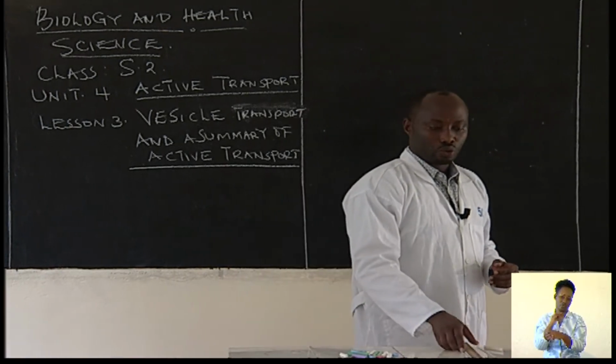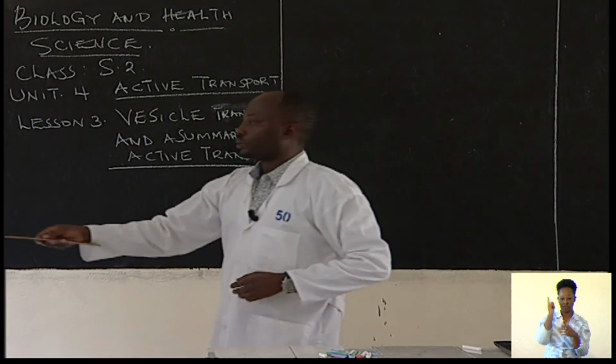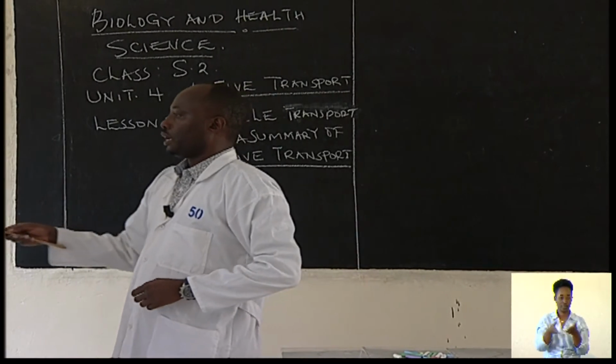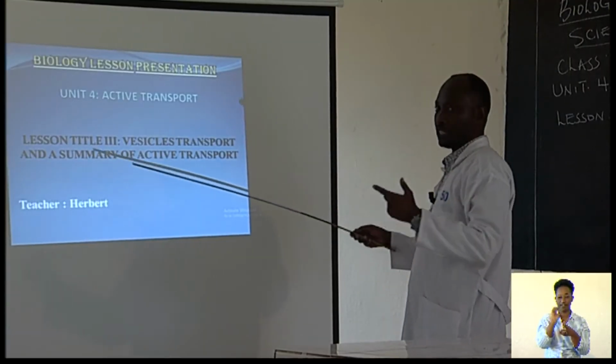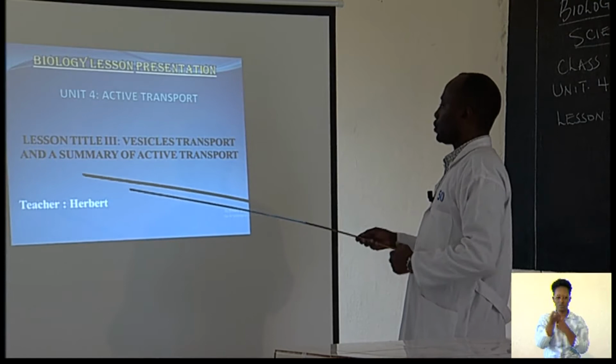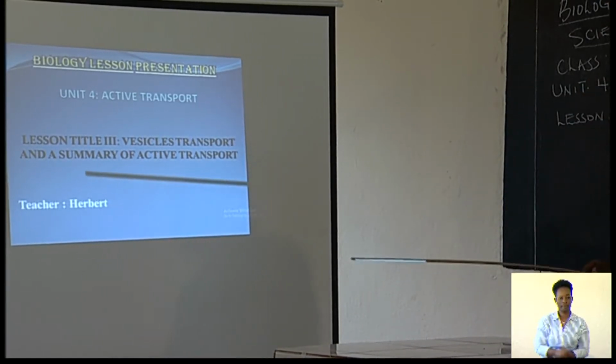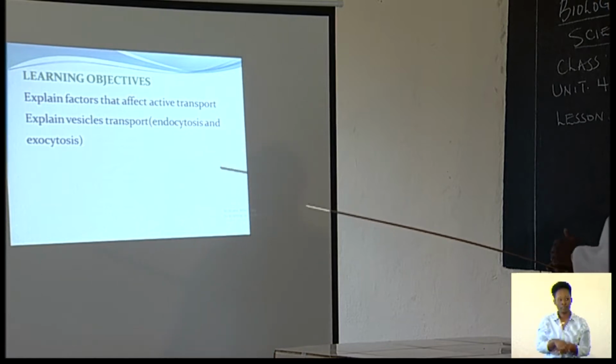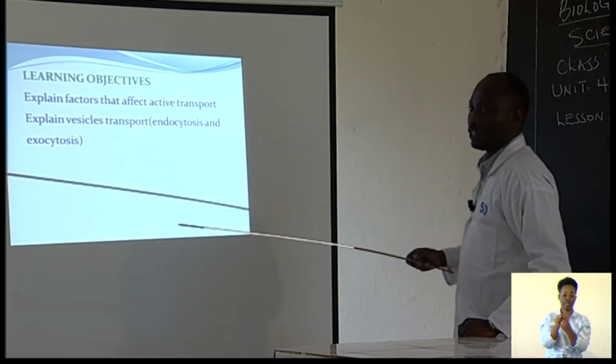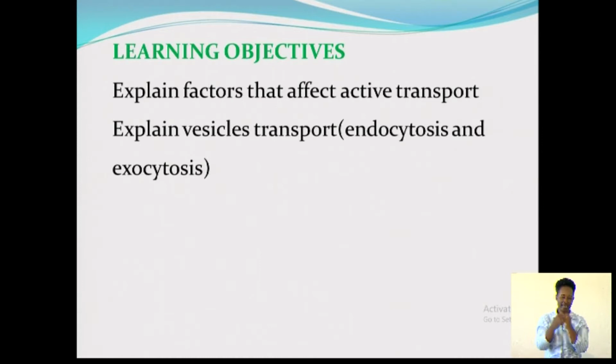So let's go to the lesson of today, vesicle transport and a summary of active transport, as I mentioned earlier. So I'm teacher Herbert. Let's go through the lesson. The learning objective of the lesson of today is to review the factors that affect active transport.